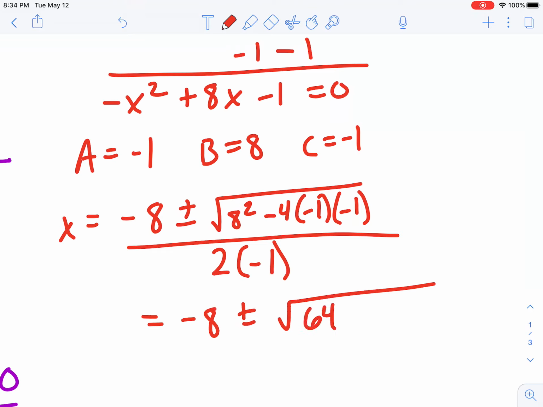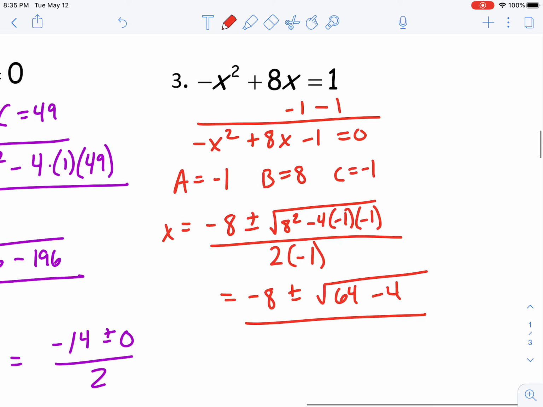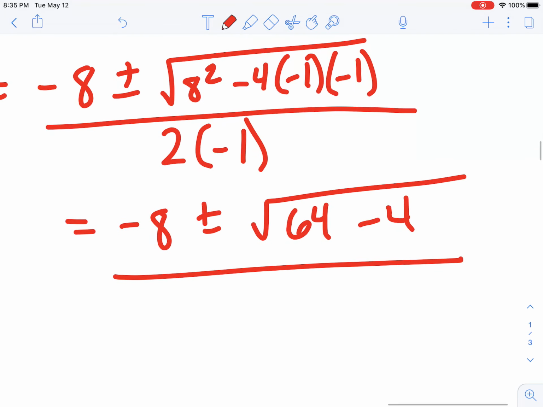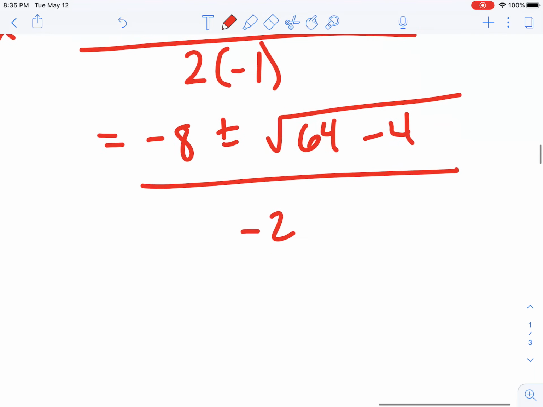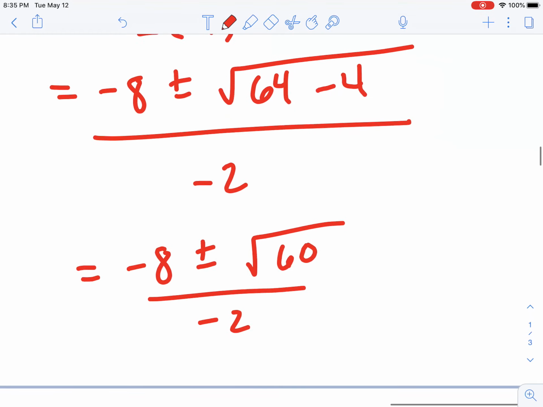Negative 4 times negative 1 gives you a positive 4. Positive 4 times negative 1 gives you a negative 4. What am I missing? Anything? Nope. Okay. And then this becomes negative 2. Perfect. Okay. Negative 8 plus or minus the square root of 60 all over negative 2.